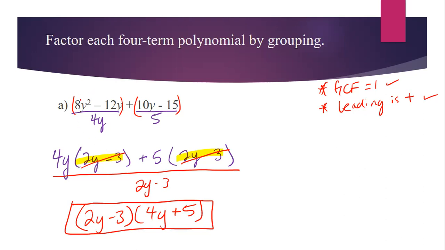We first paired them up and found our GCF. We factored out our GCF, which means that we divided by that factor. We highlighted our common binomial and factored that out. And what we're left with is 2y minus 3 times 4y plus 5.